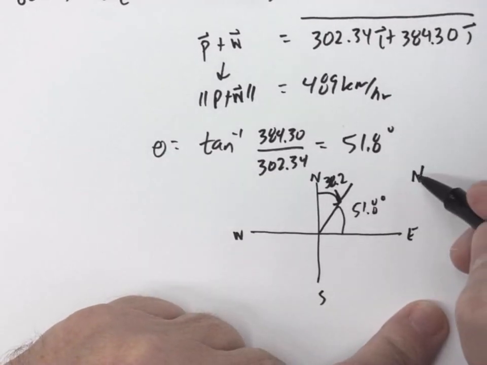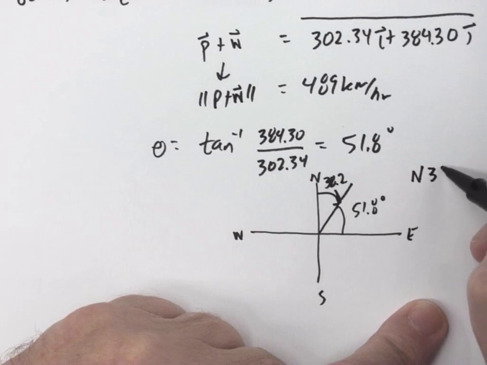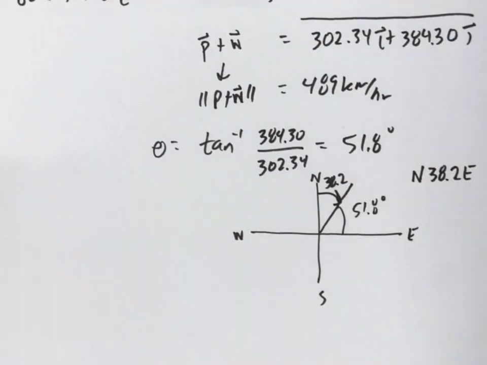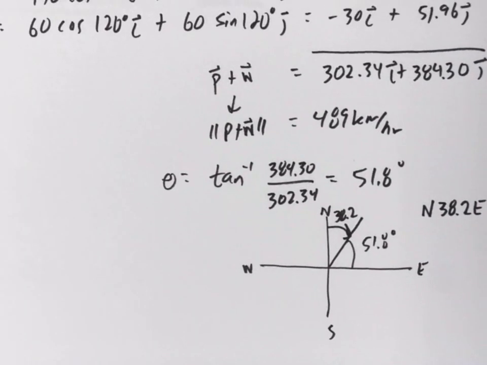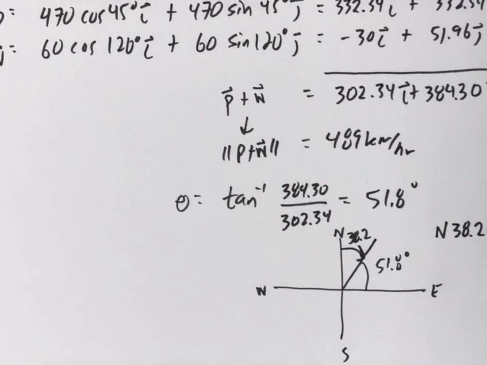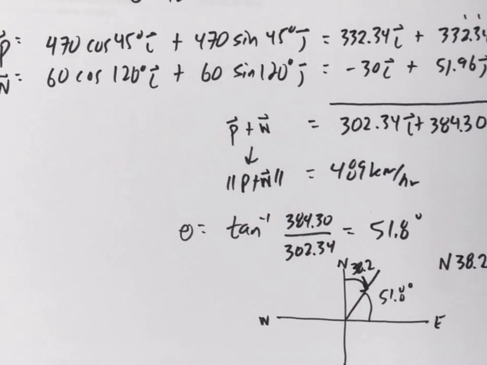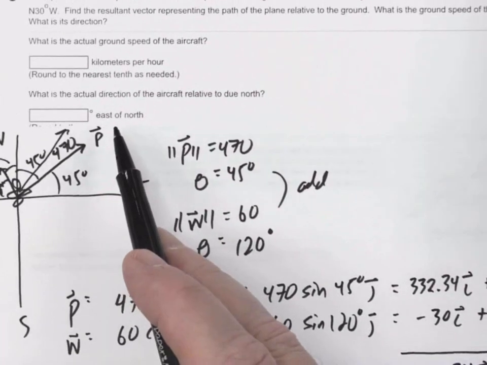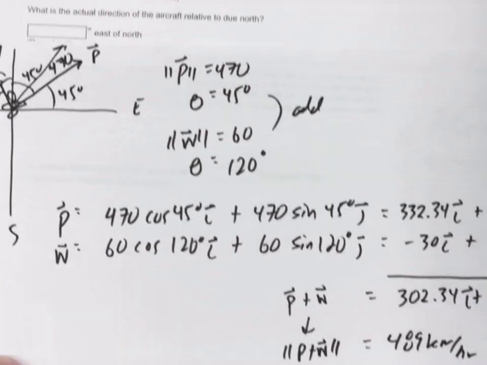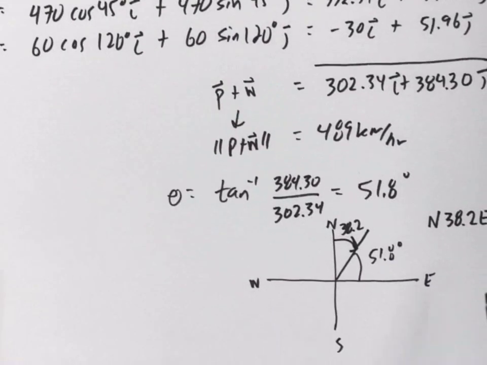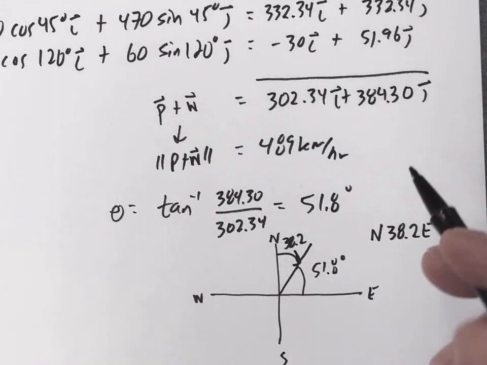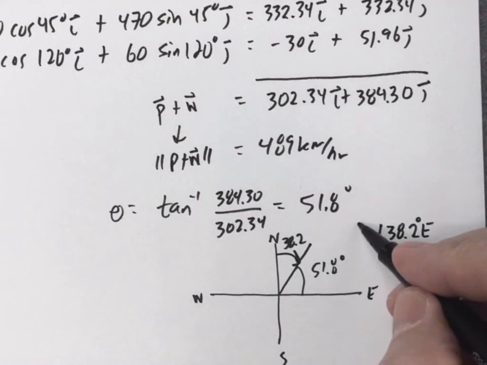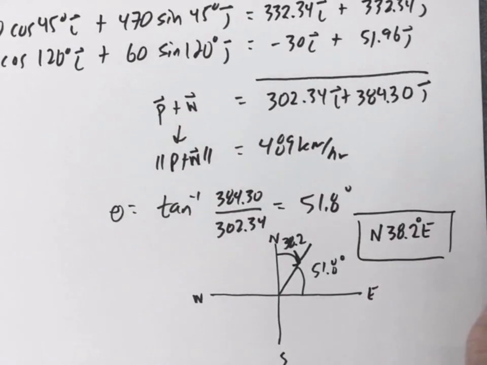So you got north 38.2 east. Or they called it east of north. East of north, the same thing as north 38.2 degrees east. All right, vectors can be lots of fun.